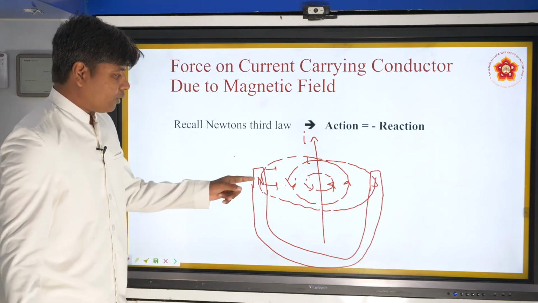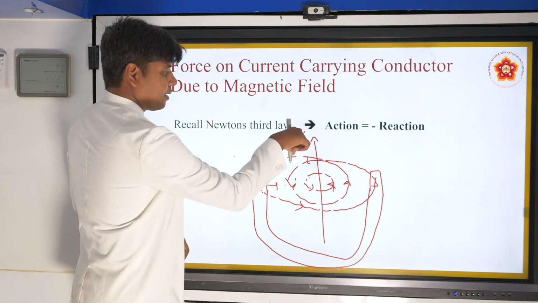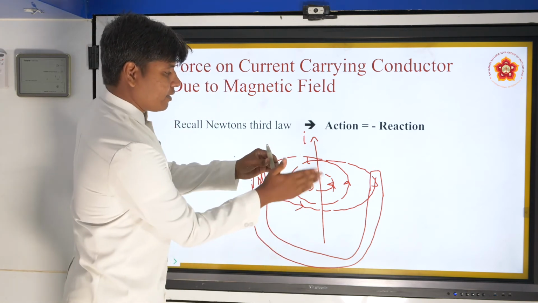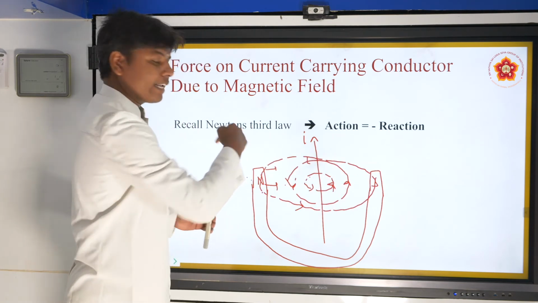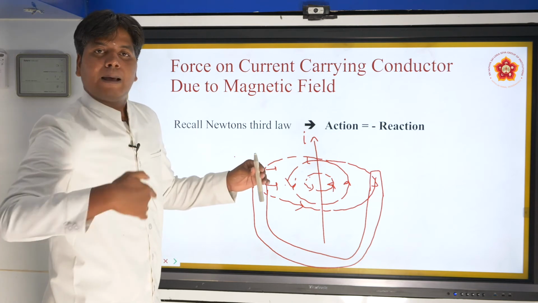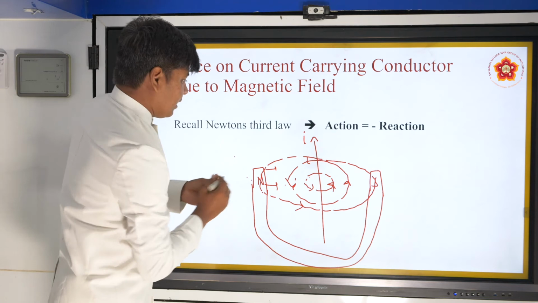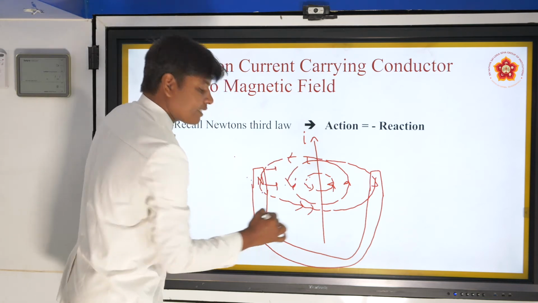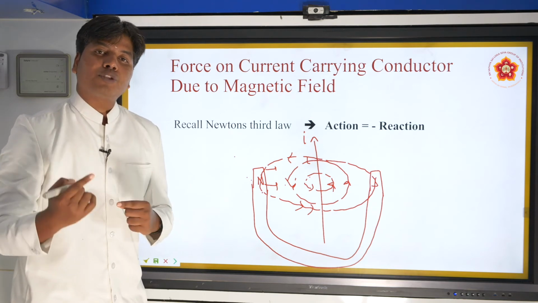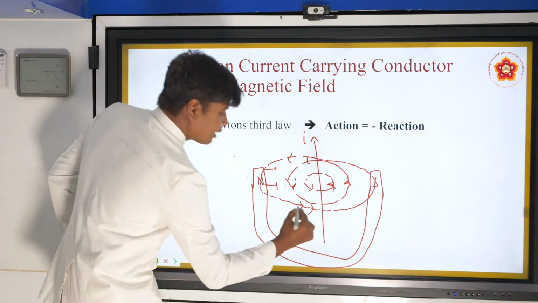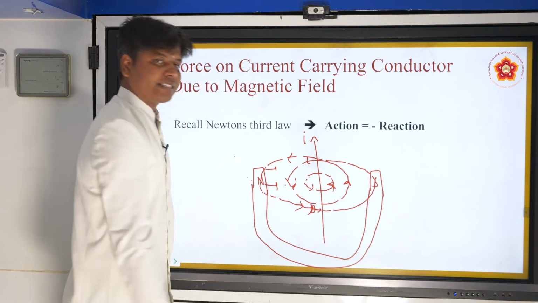Now what will be the direction of the magnetic field? As you know, the current is going up. It comes out of the board, goes to the back end of the board and comes out, right? That will be the magnetic field direction. What does magnetic field direction mean? It is the force experienced by the north pole of a magnet. If you place a north pole here of any magnet, it will experience a force in this direction.